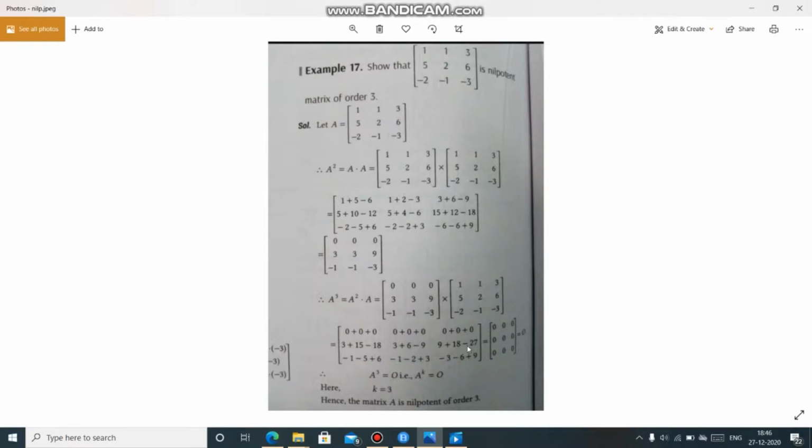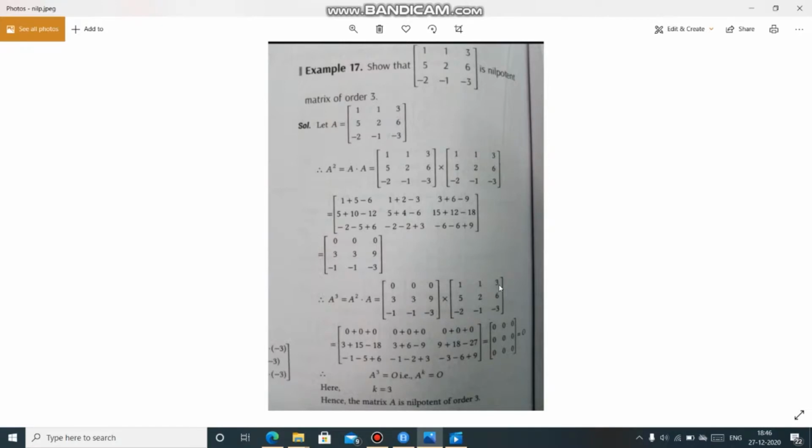And finally third row multiplied with first column, we get 1 into minus 1 and minus 1 into 5 minus 5, minus 3 into minus 2 plus 6. Third row with second column, we get 1 into minus 1, minus 1 into 2 minus 2, minus 3 into minus 1 plus 3.